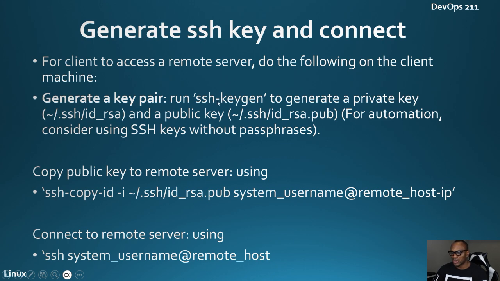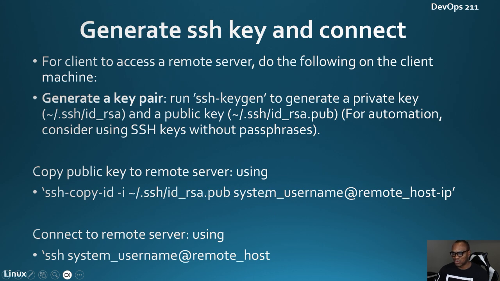You run this ssh-keygen on the client, the machine you want to use to access the remote machine. Then you run ssh-copy-id on the client machine too with -i, and you give the path to the public key, then you give the system username, then at the remote host IP address.